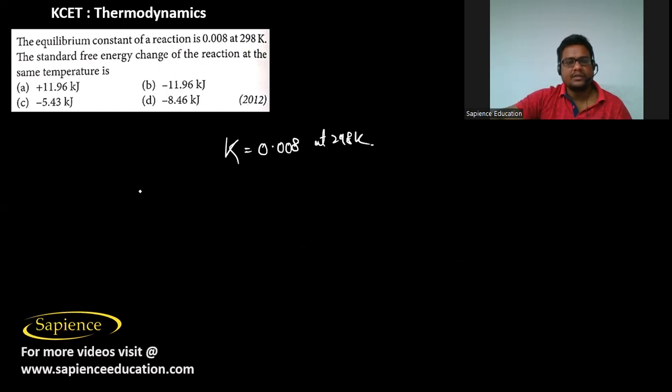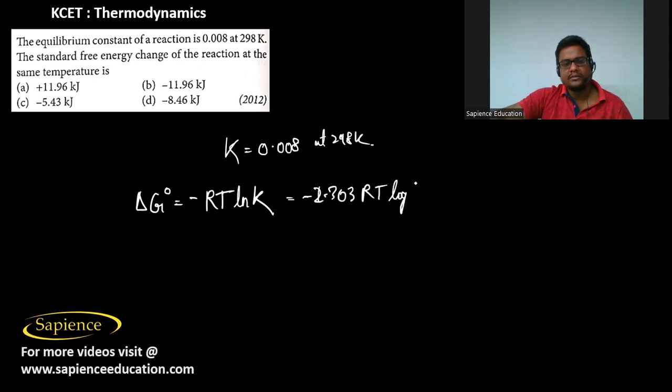So we have to find the standard Gibbs free energy change, that is delta G naught of the reaction at the same temperature. So that will be equal to minus RT ln K, as you know, where K is the equilibrium constant, which we have to find out. We can also write this as minus 2.303 RT log K.